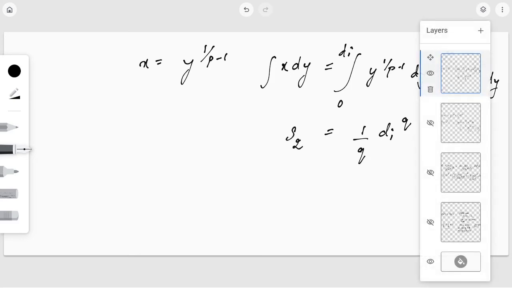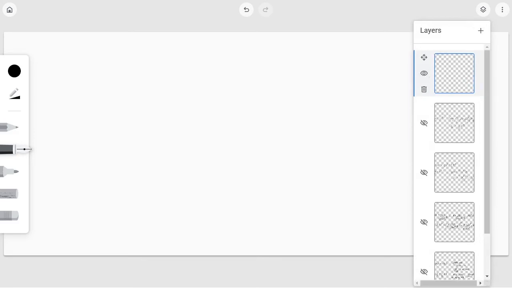Now by the properties of integration, we can see that the product ci di will be less than or equal to s1 plus s2, that is 1 by p into ci raised to p plus 1 by q into di raised to q.